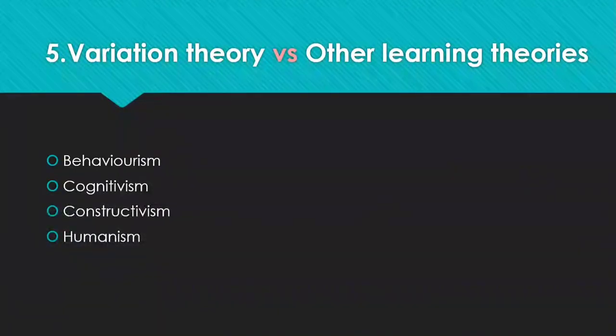Humanism emphasizes learning from the view of the needs of human beings, rather than describing in great detail a specific learning theory or specific learning process. So its direction is totally different from variation theory.